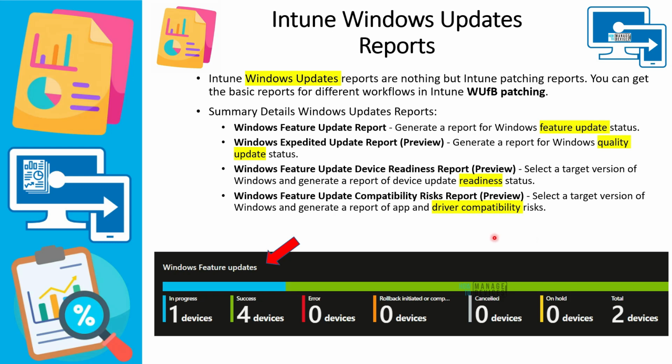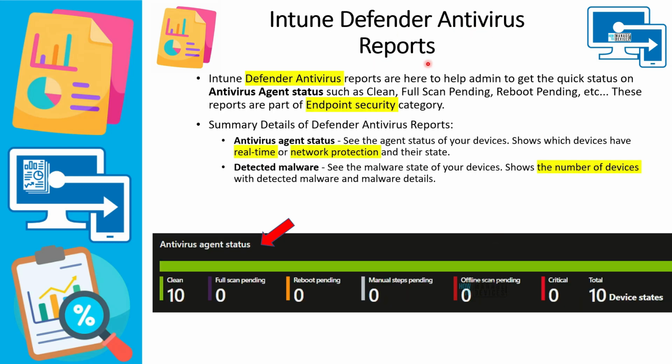Let's move on. Defender antivirus reports are here to help admins get a quick status on antivirus agent status. As you can see here: clean, full scan pending, reboot pending, manual steps pending, offline scan pending, critical, and total. These are the statuses of the Defender agent, and this report is part of the Intune Endpoint Security category.